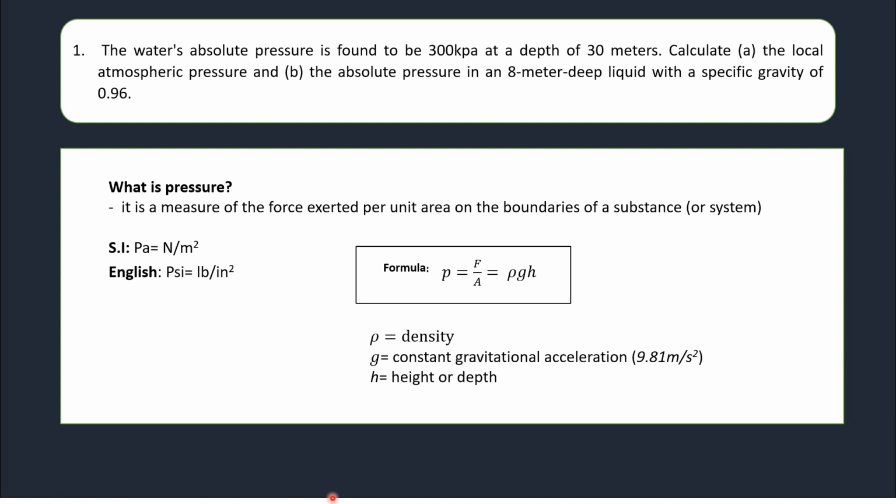Here we have the formula for pressure. Pressure is equal to force over area, or rho g h. Rho stands for the density, g is the constant gravitational acceleration, which is 9.81 meters per square second, and h is the height or depth.